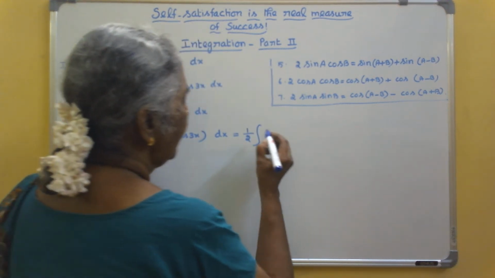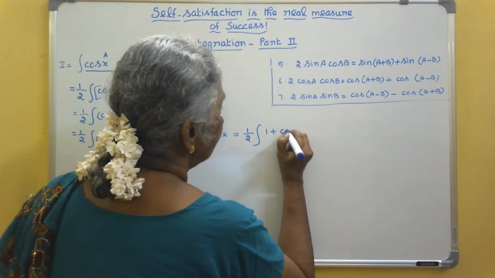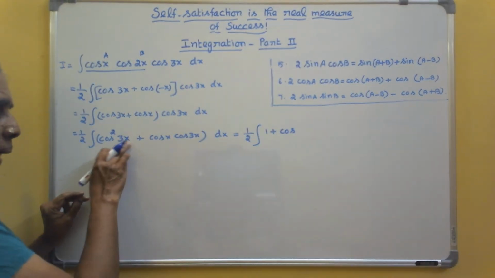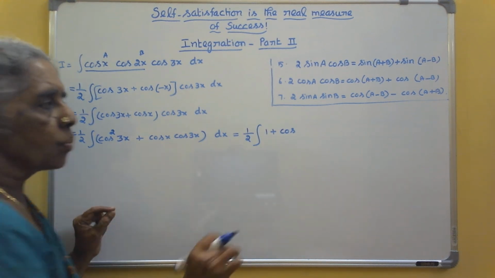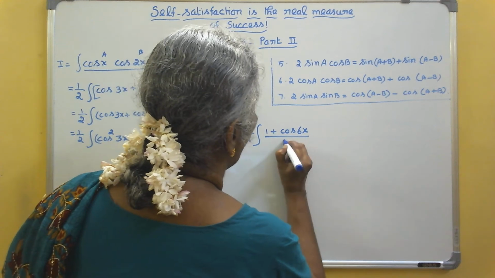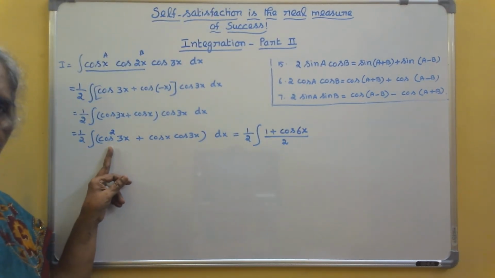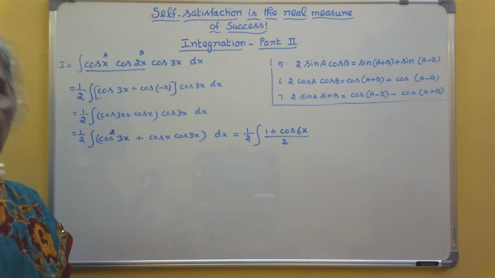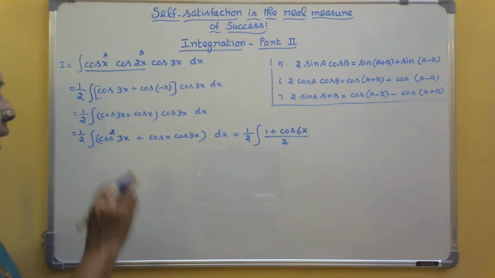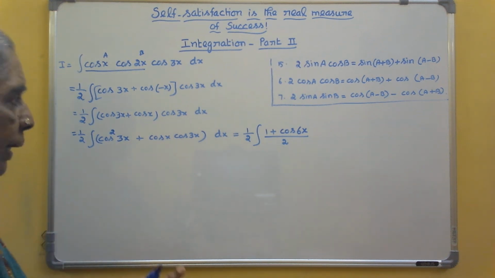This cos squared 3x will become (1 plus cos 2x), in the place of x you have 3x. So 2 into 3x, that will be 6x by 2. Do you understand? Cos squared 3x is (1 plus cos 6x) by 2. How you got 6x? In the place of x you have 3x. 2 into 3x is 6x.